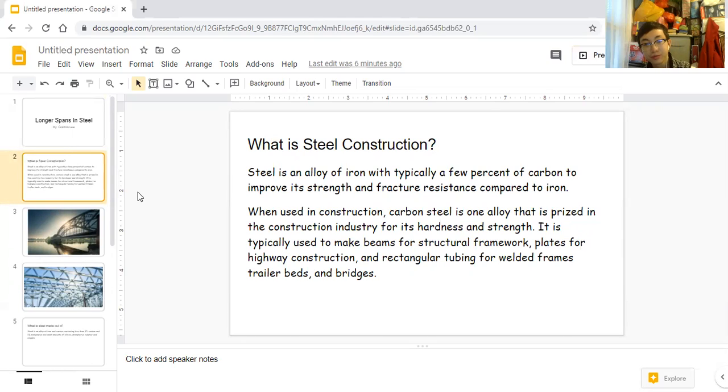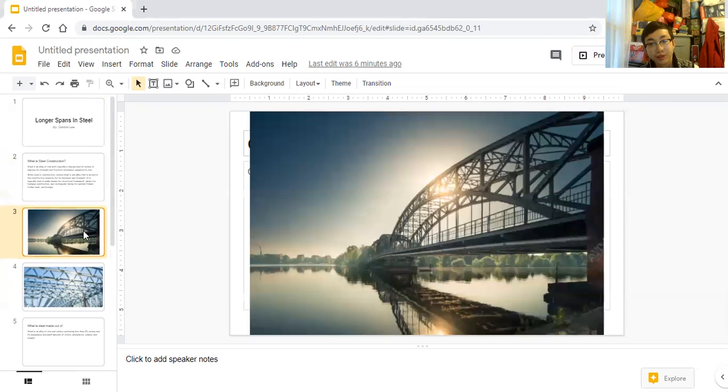It is typically used to make beams for structure framework, plates for highway construction, and rectangular tubing for welding frames, trailer beds, and bridges. As you can see in this picture, this bridge is made out of steel.